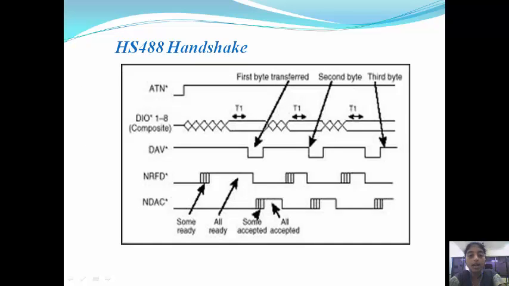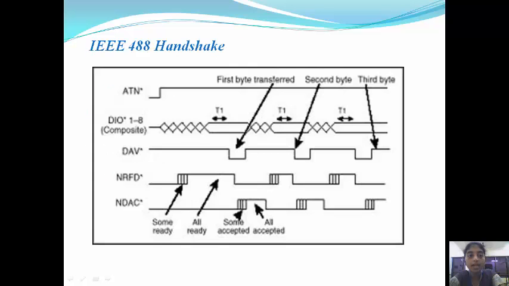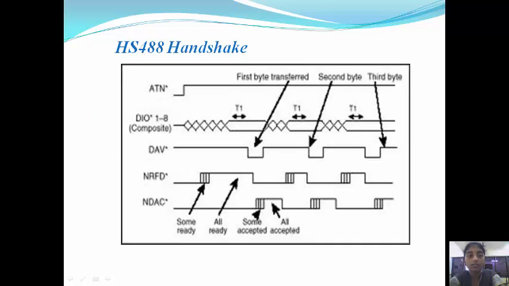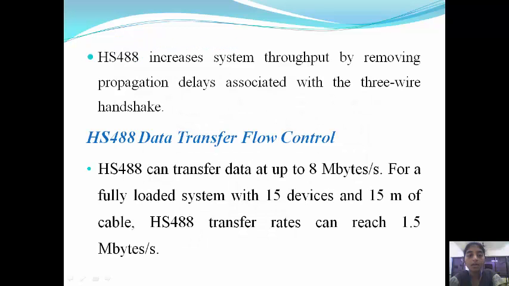Let us have a glance at the comparison between the IEEE 488 handshake and the HS488 handshake. The function of the key elements which I mentioned earlier is the same, but the only difference is the HS488 throughput. How does it increase system throughput? This can be achieved only by removing the propagation delays associated with the three-wire handshake.